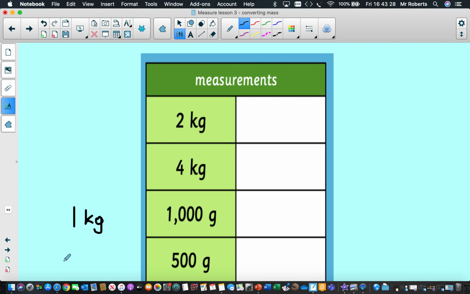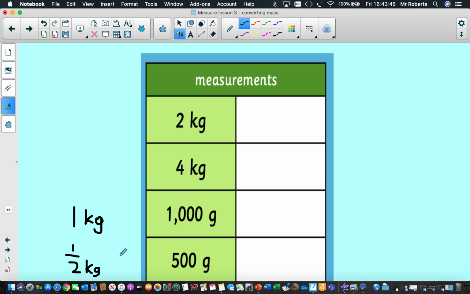So 500 grams is half of 1,000. Therefore, it is half of a kilogram, which I could also have written as 0.5 kilograms.